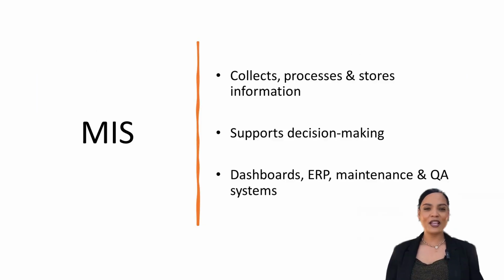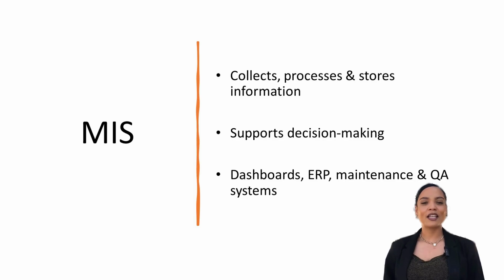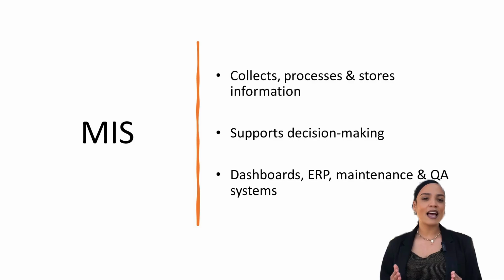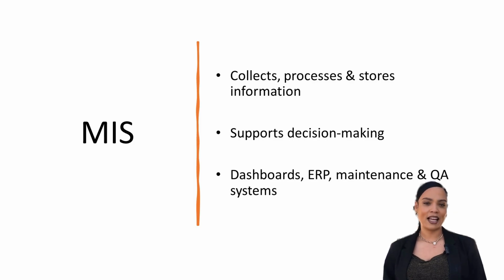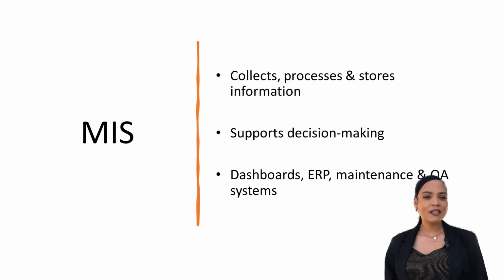workforce. Management information systems play a crucial role in supporting effective decision-making within an organization. These systems work by capturing, storing, analyzing, and distributing accurate and timely data, ensuring that supervisors and managers have the information they need to plan, monitor, and improve operations.